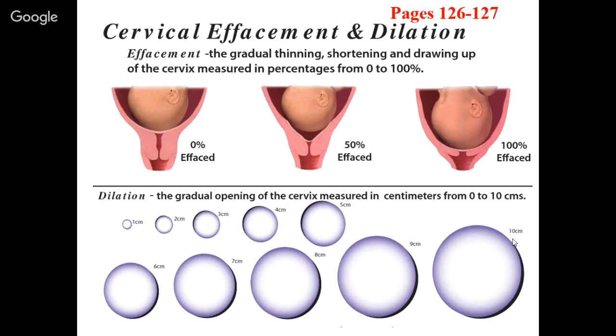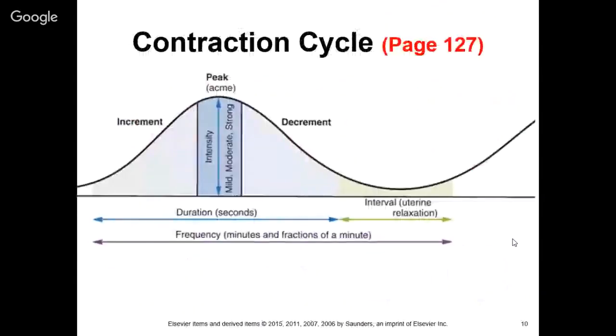So this is the purpose of that first part of labor. Effacement and dilation. When a woman is ready to push, they say she is fully effaced, 100%, fully dilated, 10 centimeters. It's another image of the cycle.